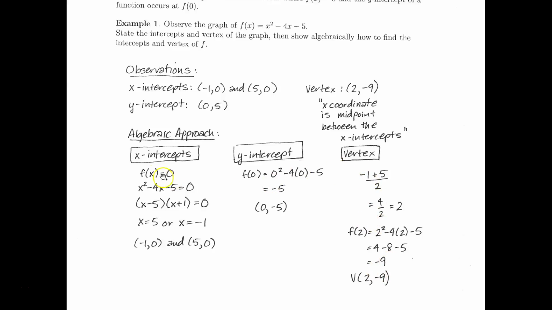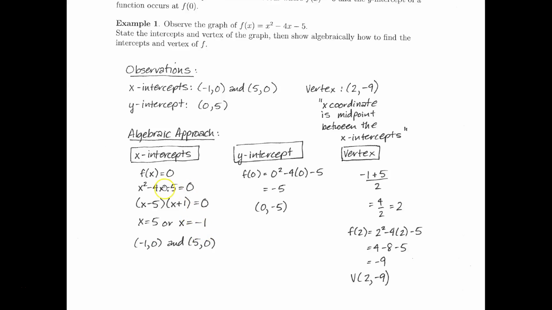So algebraically, what happens is that the x-intercepts come when f(x) equals 0. We can then set x squared minus 4x minus 5 equal to 0. We're trying to find the x-intercepts of this specific function. We can factor and then set each factor equal to 0, and we see that x equals 5 or x equals -1.